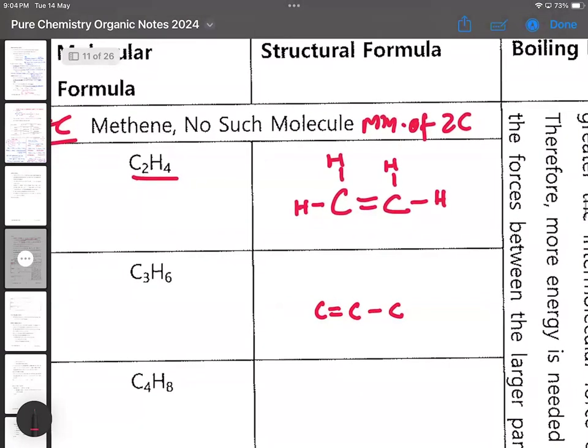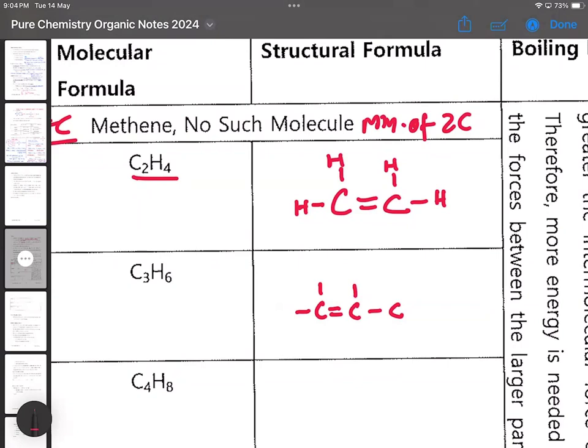The first carbon has already got 2 bonds over here, so I just need 2 more. Then it will have 4 bonds. The middle carbon, the second carbon, has 2 bonds on the left and 1 bond on the right, so technically it only needs 1 more. Then it has 4 bonds already.